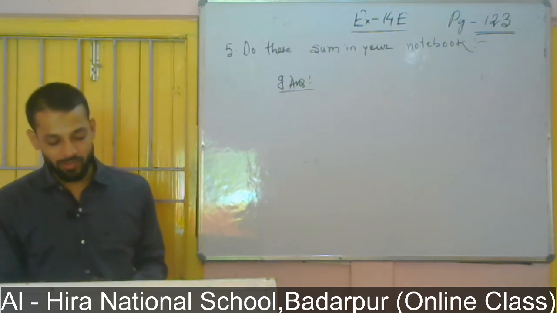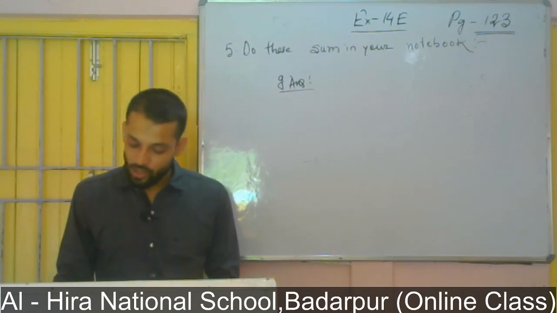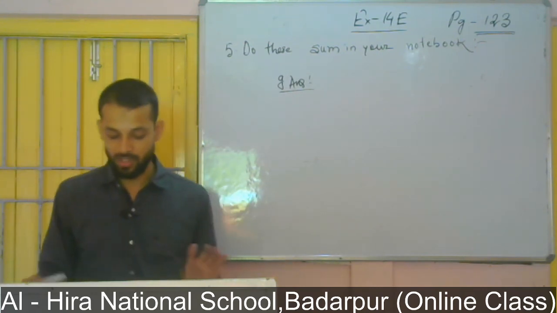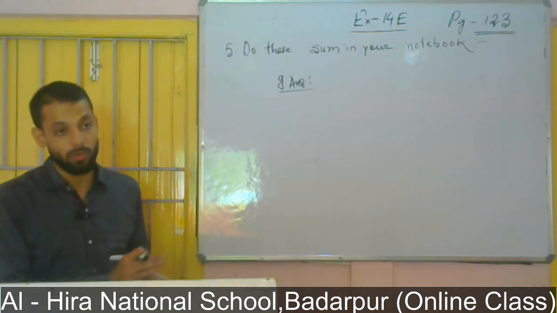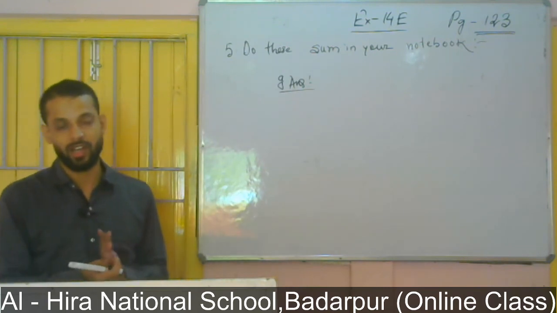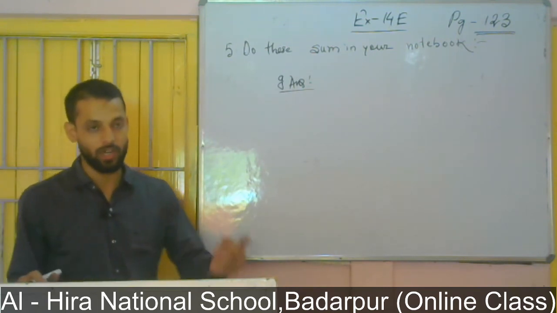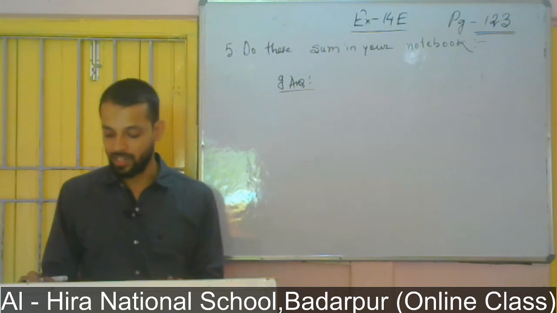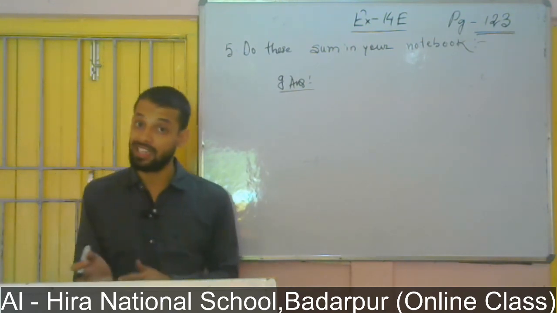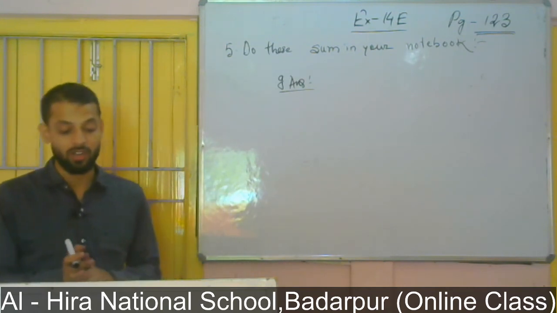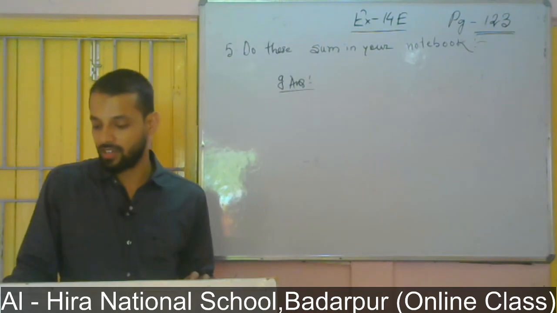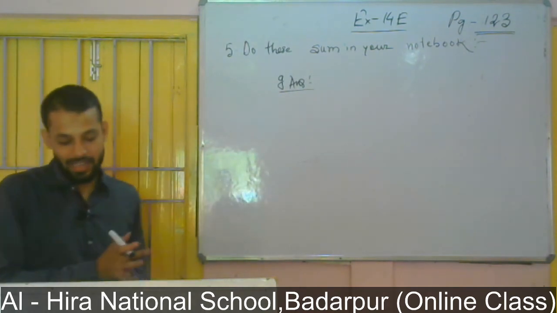A group of children paid rupees 248 for tickets at the zoo. That means collectively they paid rupees 248 for the tickets. If the price of one ticket is rupees 8, then we have to find out the number of children in the group.